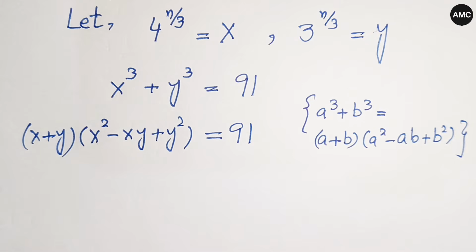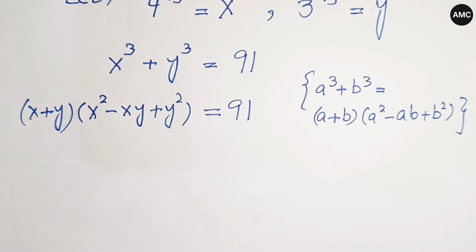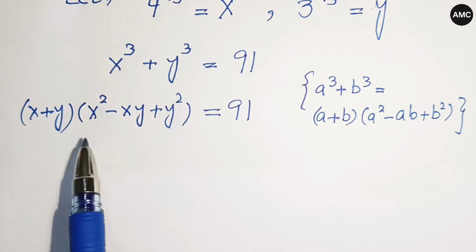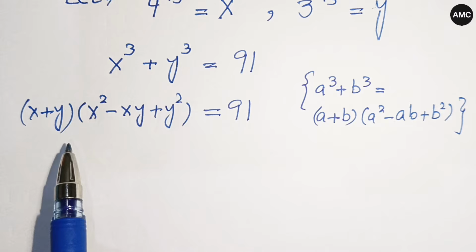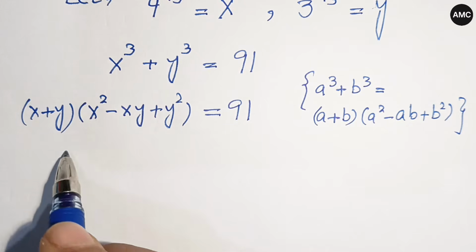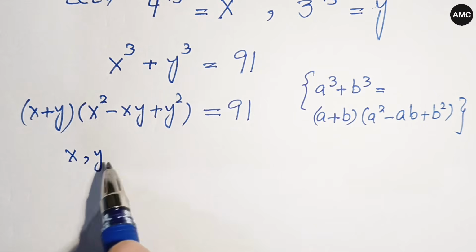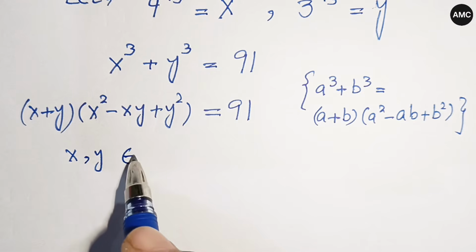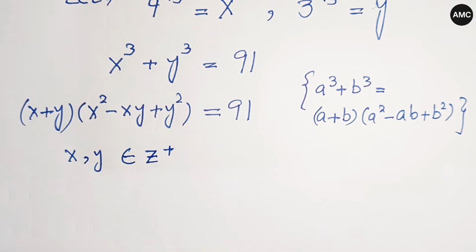Now we see that for this 91 we have two factors. As we have two factors, we are actually looking for positive integers. So x and y belong to positive integers.